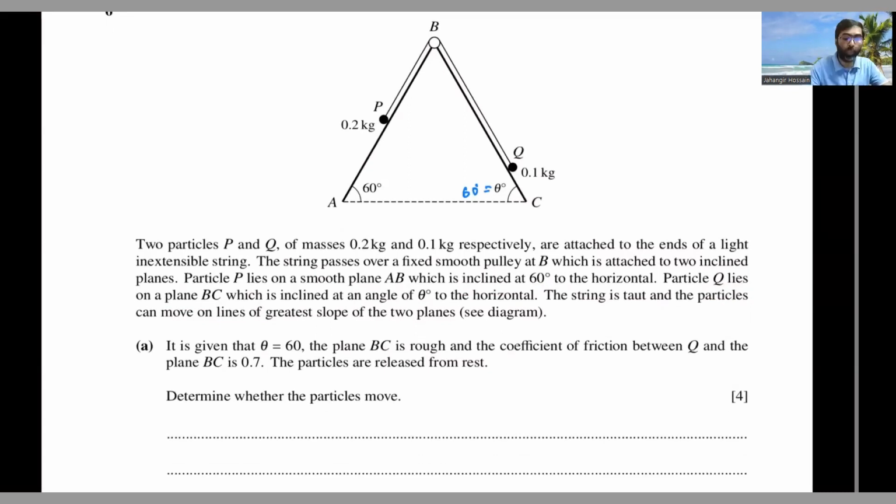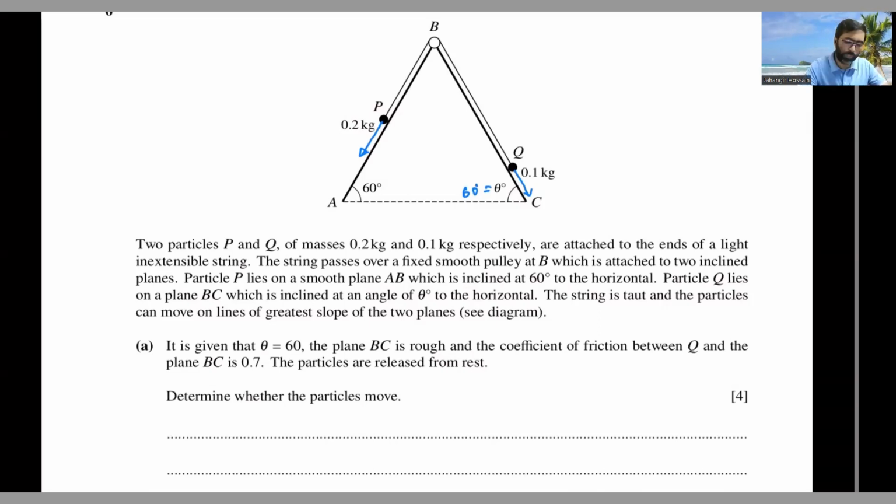If we consider both surfaces to be smooth, which one will descend? That is determined by the component of weight along the direction of motion. Both particles can move along the plane.